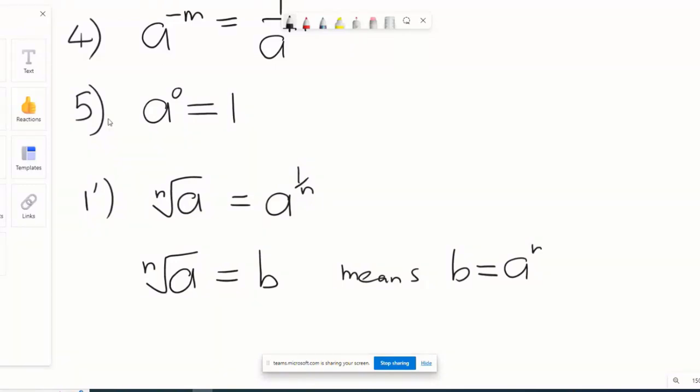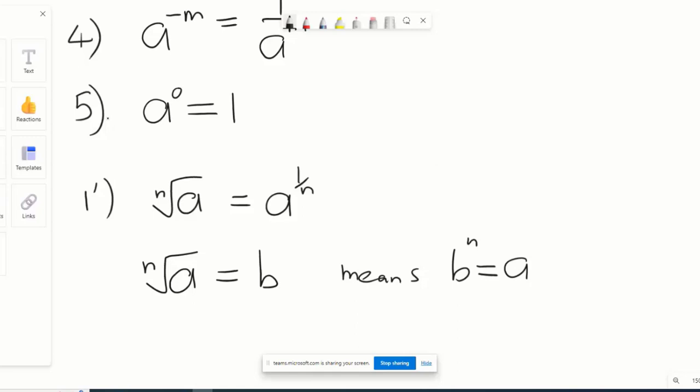It means b times b, n times, gives you a. Sorry, I was wondering how I can justify that. So yeah, if you raise b, it works like this.